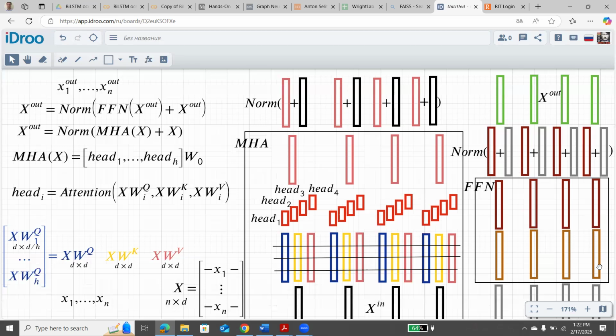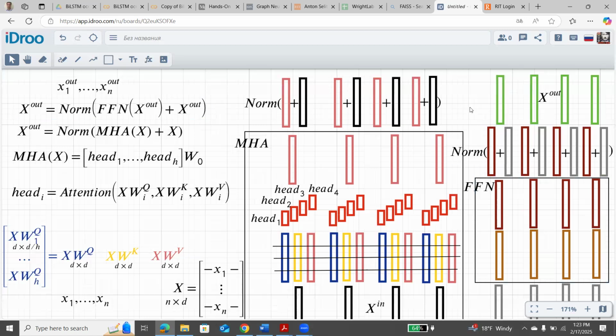That's why I visualize it with 2 different embeddings, one linear layer, another linear layer. And finally, we take a residual connection from the output of this FFN layer and the previous output from multi-head attention. Again, apply a layer norm.